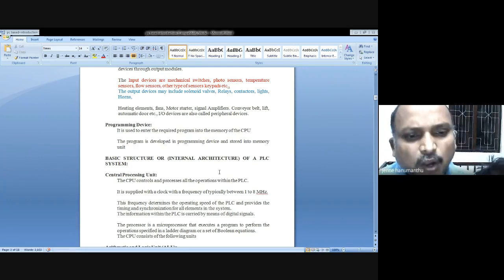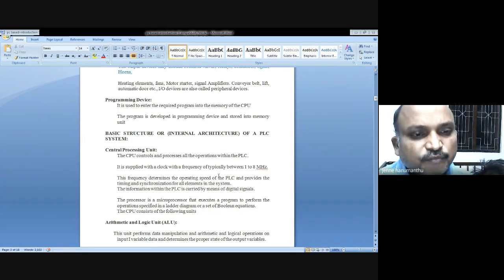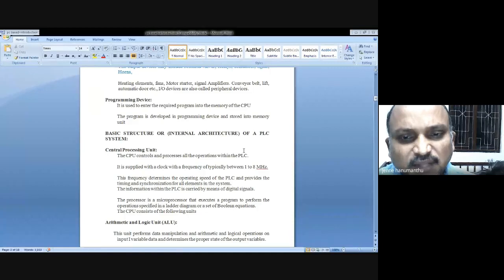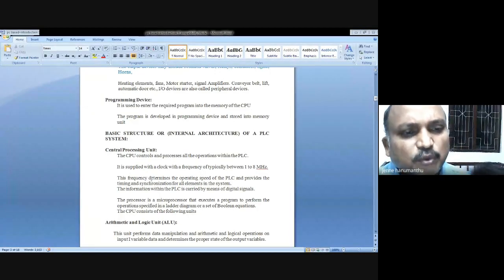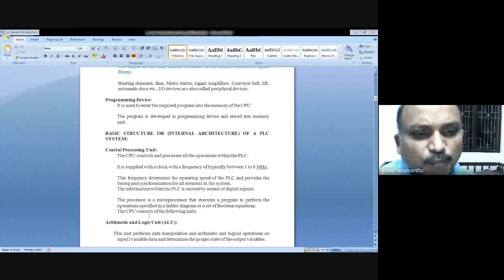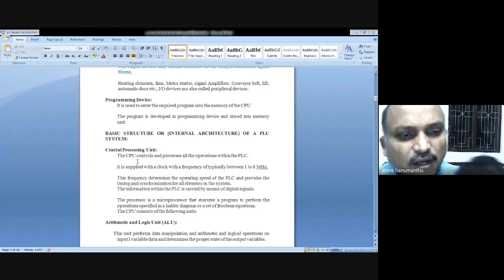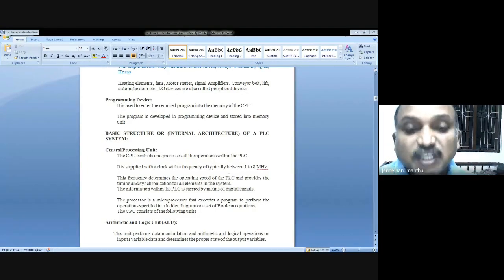Okay, now the basic structure or internal architecture of the PLC. This basic structure may include the CPU, central processing unit. The CPU controls and processes all the operations within the PLC, right?